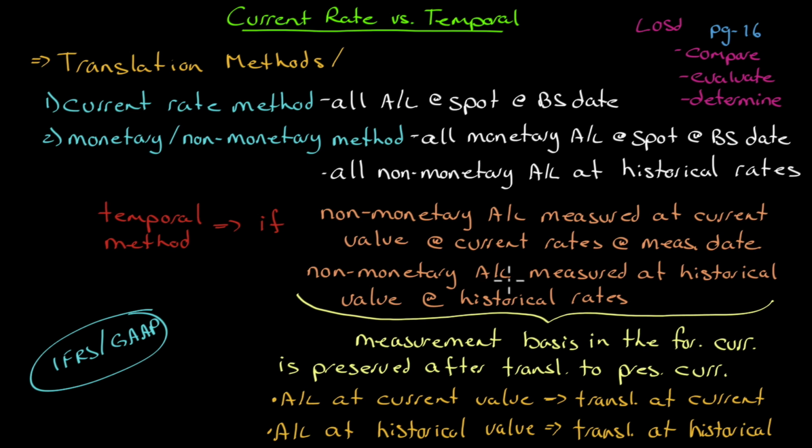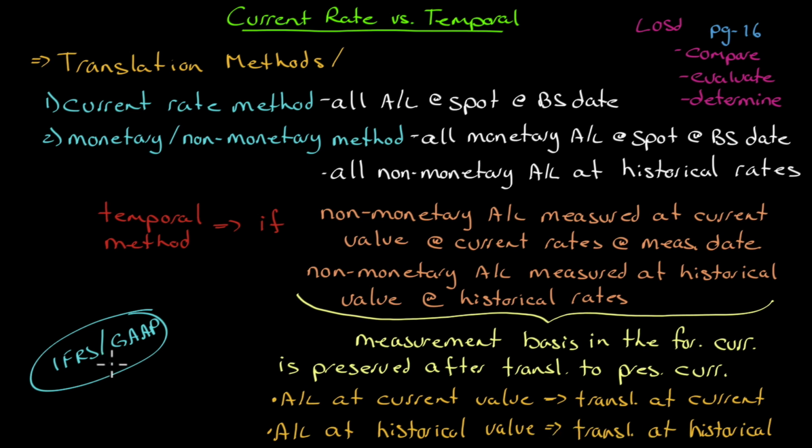So now the reason this is done is the measurement basis in the foreign currency is preserved after translation to the presentation currency. Assets and liabilities at current value are translated at the current rates. Assets and liabilities at historical value are translated at historical rates. This is for IFRS and GAAP.